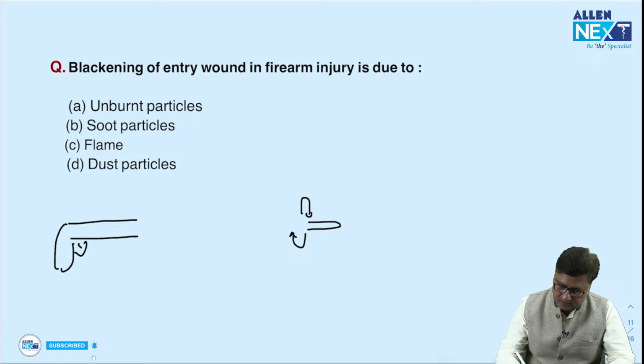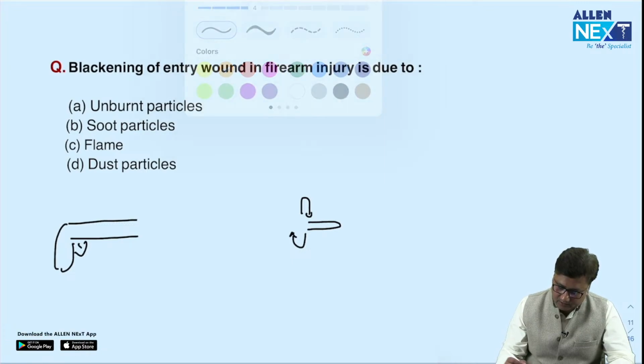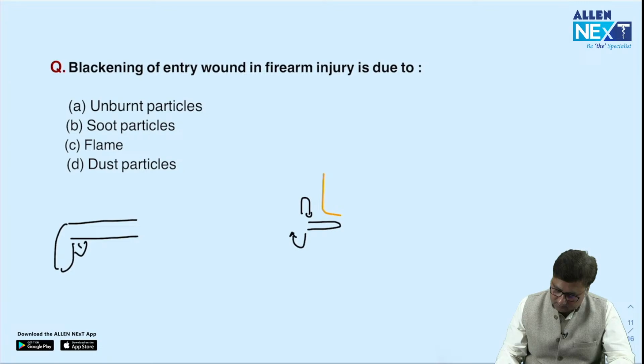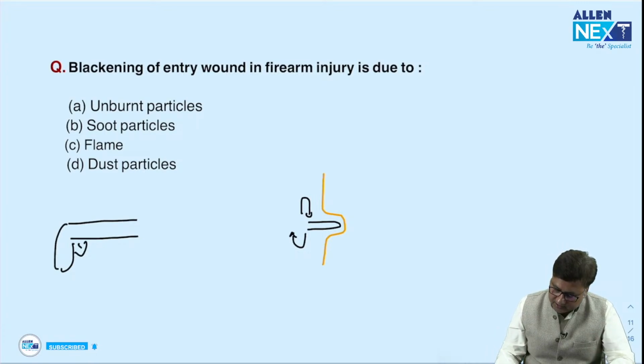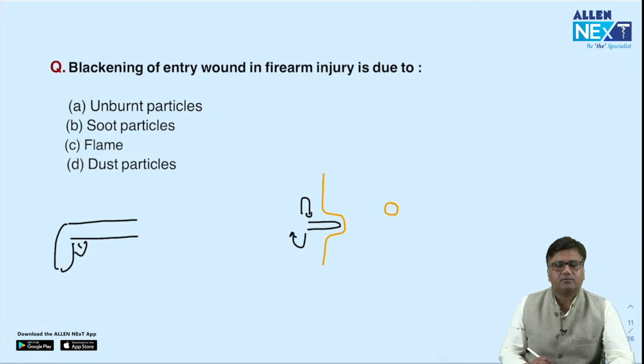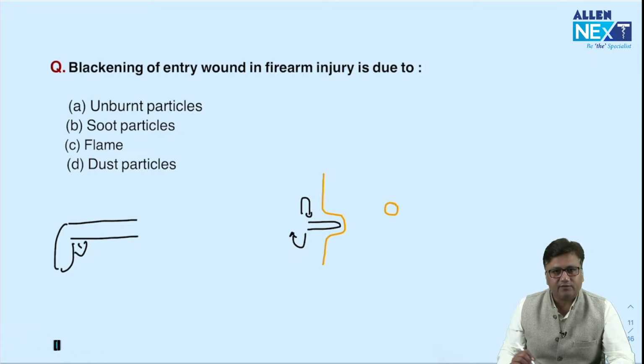So let's say this is the skin barrier, the bullet is going to pierce, right? Primarily indenting the skin and then piercing through the skin. So जब skin को pierce कर जाएगी तो क्या होगा, यहाँ पर हमें मिलेगा एक entry wound, right? So this is entry wound.